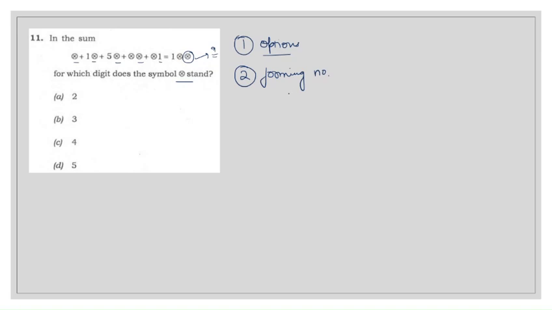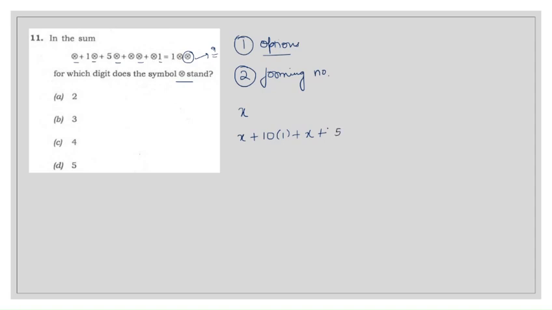And another way is by forming numbers. If I take this symbol to be equal to x, then it will be 10 into 1, because 1 is present at the tens place, so we multiply by 10, plus the face value of the digit, plus x because x is present at the units place.